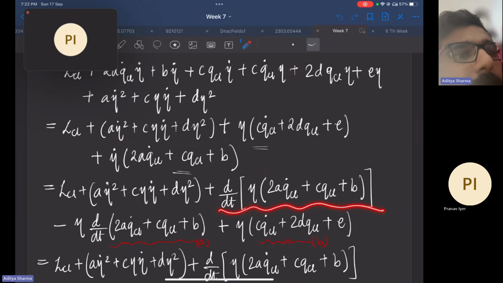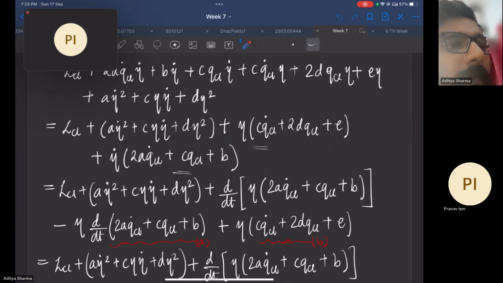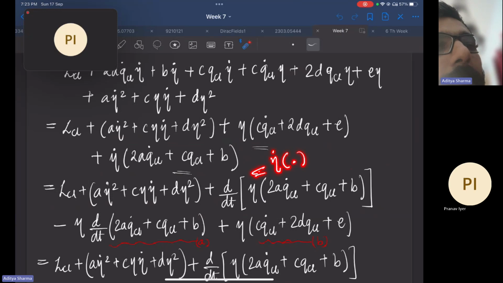If you have this term, you're going to have eta dot times whatever is in the bracket, plus eta times 2a q double dot plus c q dot plus b. So this term will give you eta dot into whatever there is in the bracket plus eta into 2a q dot this thing.